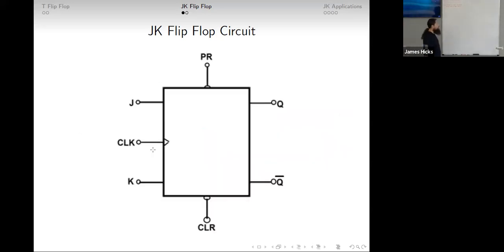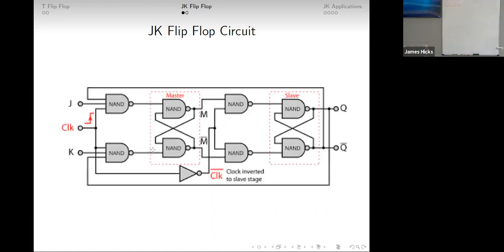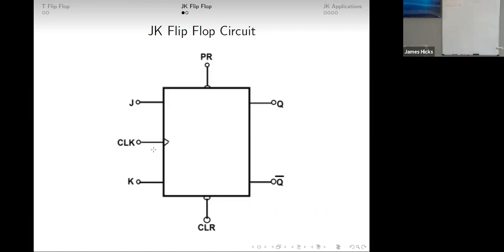Schematically, this is what it would look like on the circuit schematic. The two other inputs, PR and CLR at the bottom, those aren't indicated here. Those are like a set and reset function.